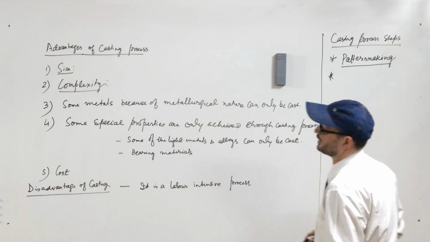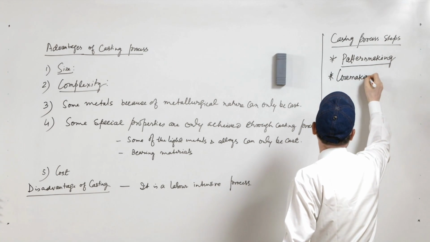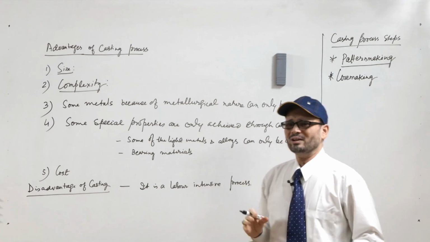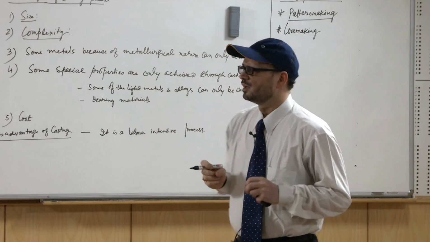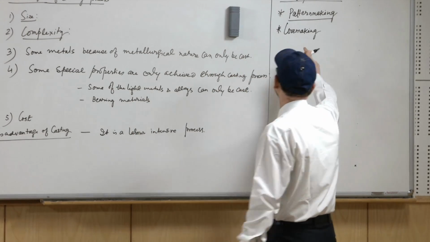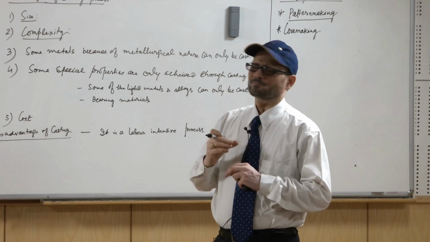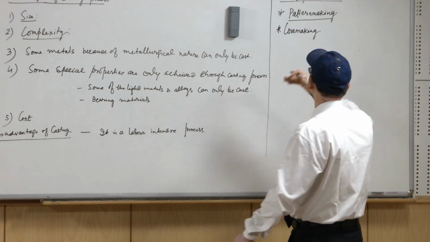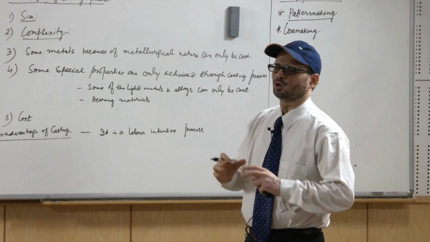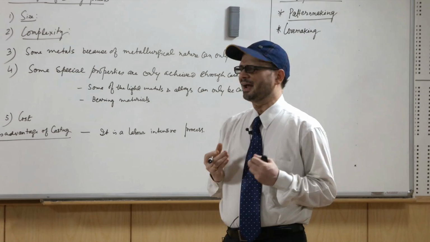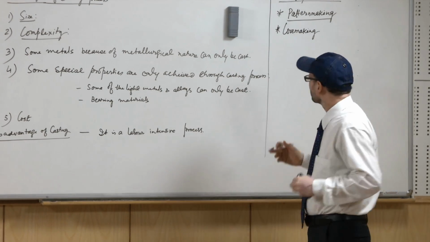Further, there is core making. When we want to have internal features, certain holes or so, at that time you need to have the core, and these cores are basically made in another unit, that is the core making unit. Cores are normally made of sand, of better purity.